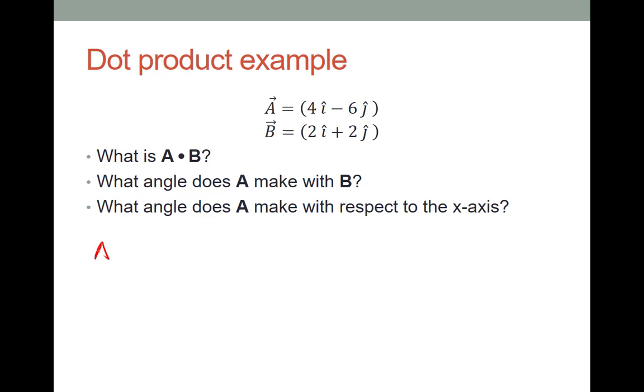So if I want to find A dot B, I'm going to take the x components and multiply them together. So that will be 4 times 2. And then I'm going to take the y components and multiply them together. That would be negative 6 times 2. Okay. Well, 8 minus 12 works out to be negative 4.